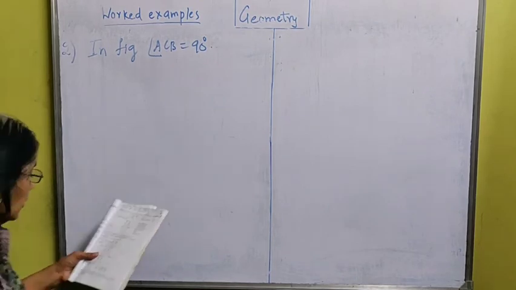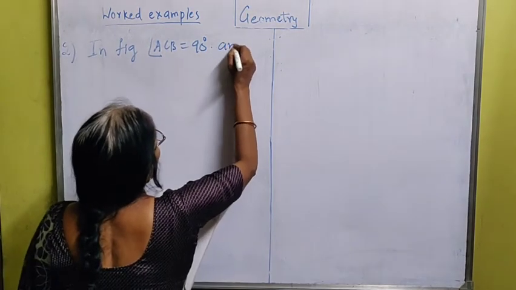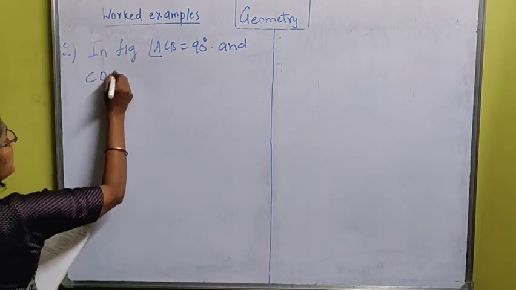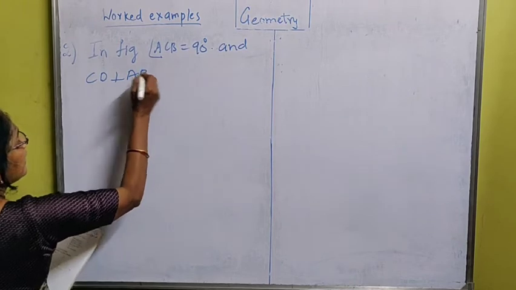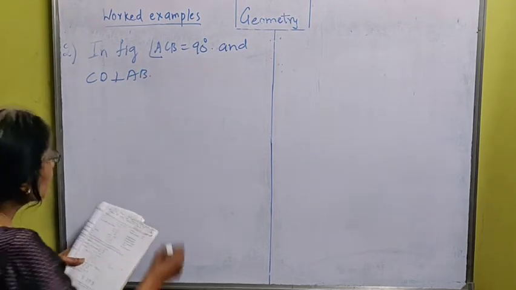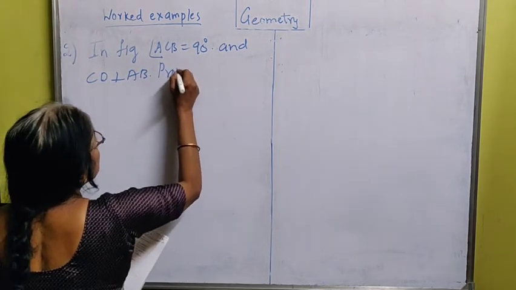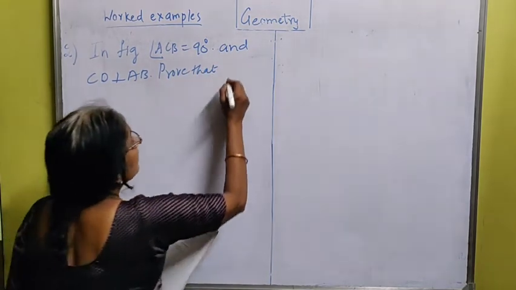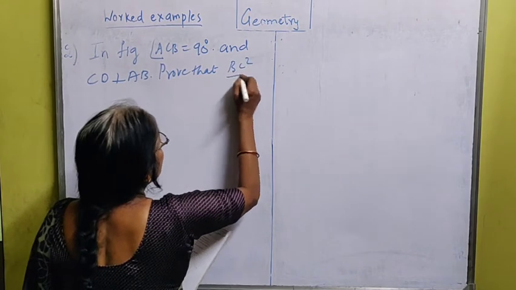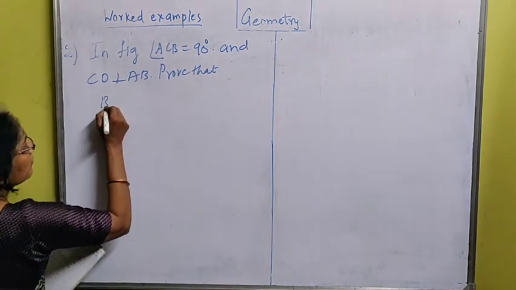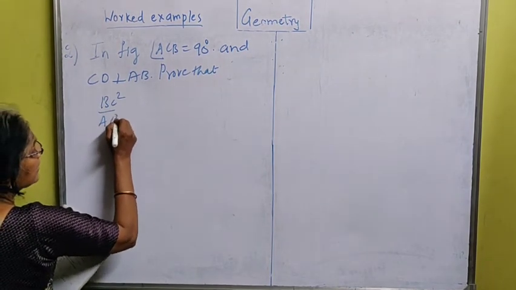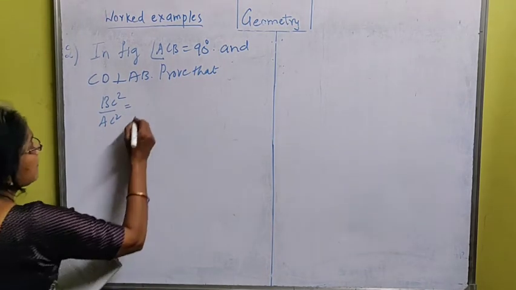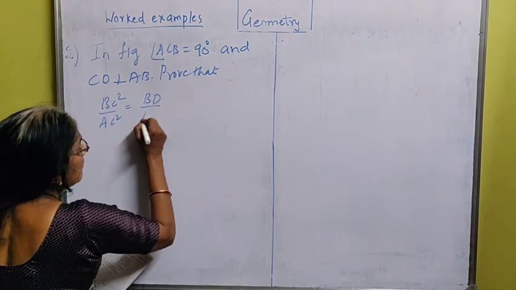And along with that, they have told that CD is perpendicular to AB. And what you have to prove? Prove that BC square by AC square is equal to BD by AD.